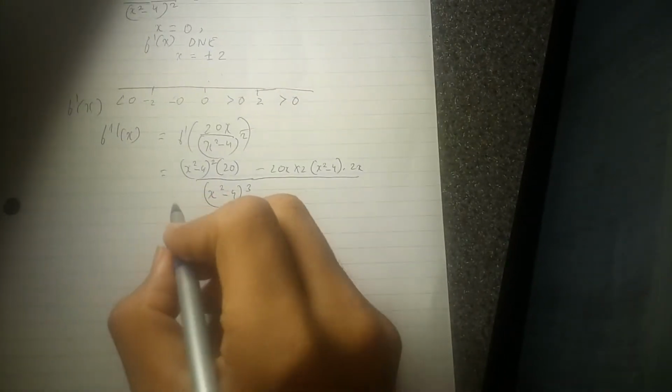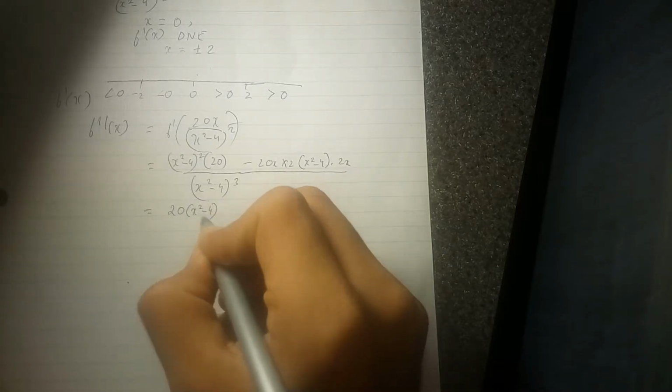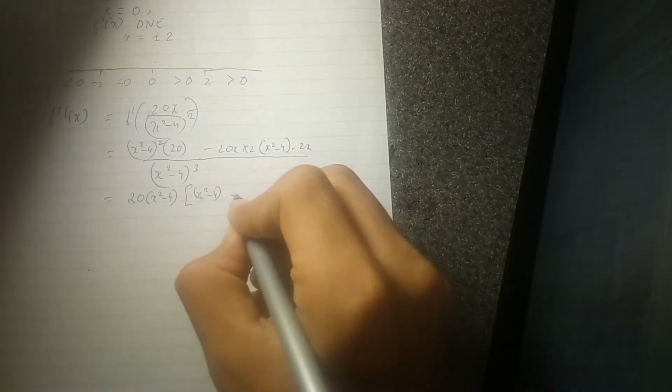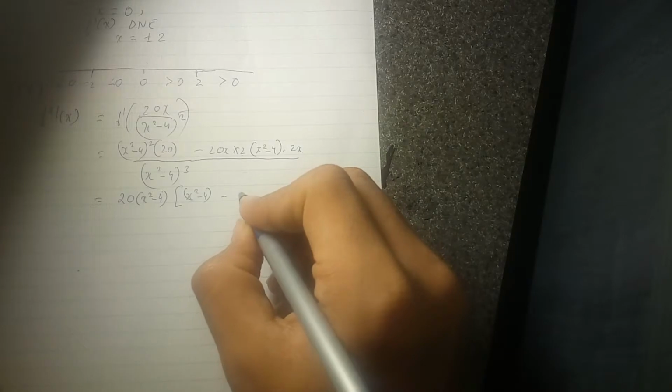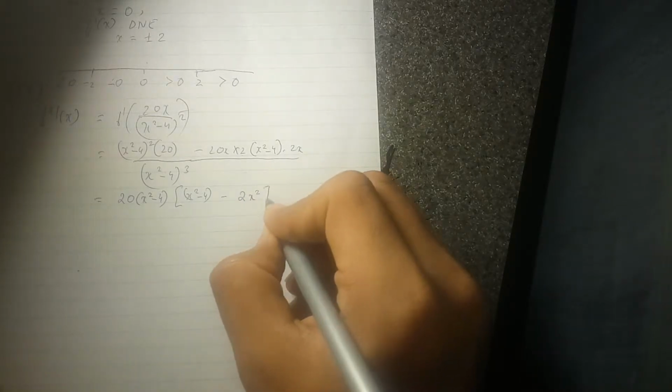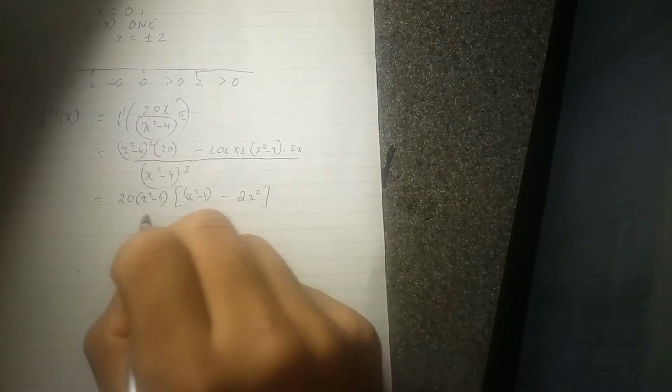Yep. So we could take 2 into x square minus 4 common, and this would give us x square minus 4 here, and 2x, so 2x square here, right?